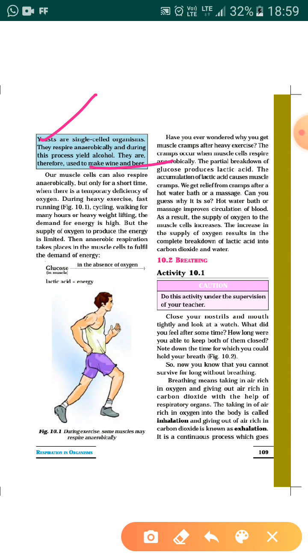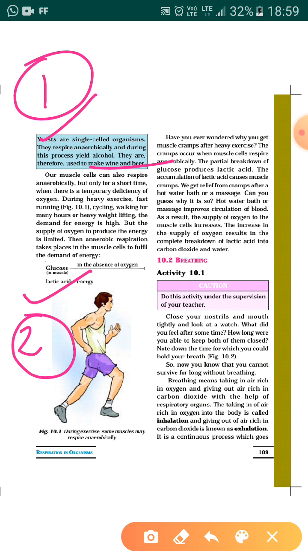Now, we have got two examples of anaerobic respiration. One is of yeast and the second is in our case also. Although I said that we undergo aerobic respiration where oxygen is required, sometimes our muscle cells, if we do rigorous exercise like this man is running, may respire anaerobically during exercise. Why will they respire anaerobically?